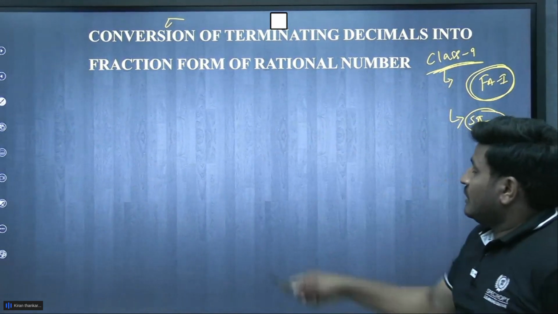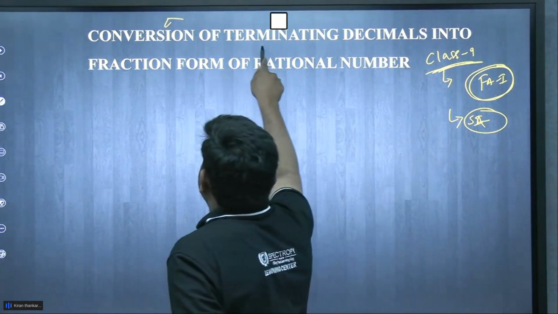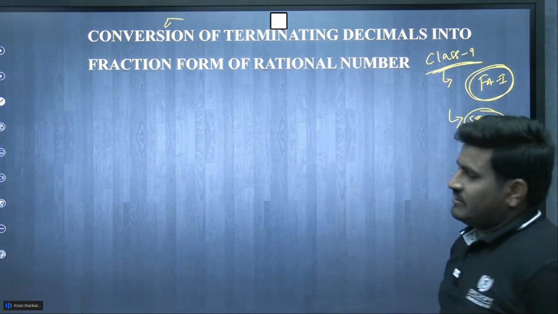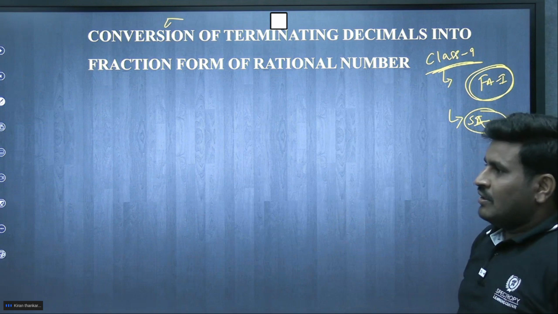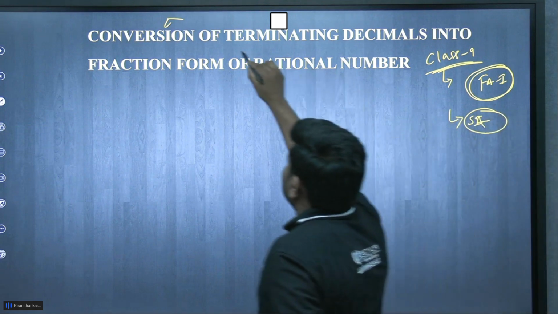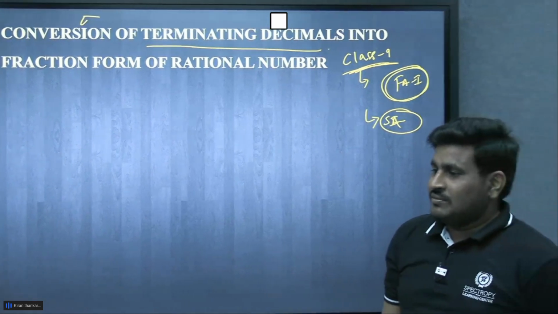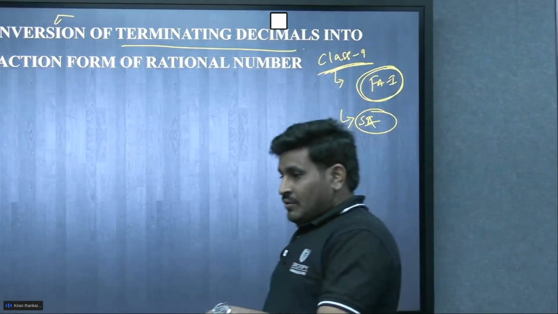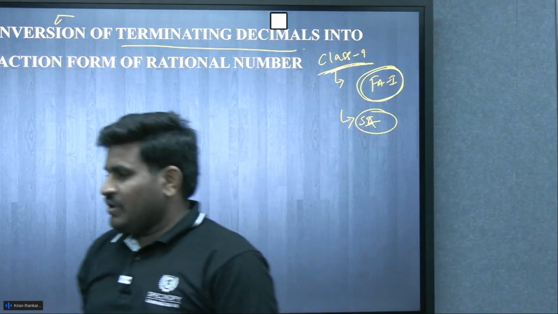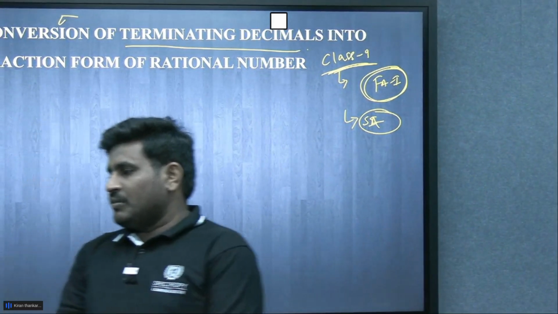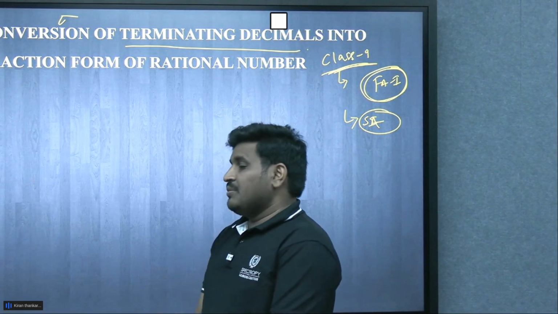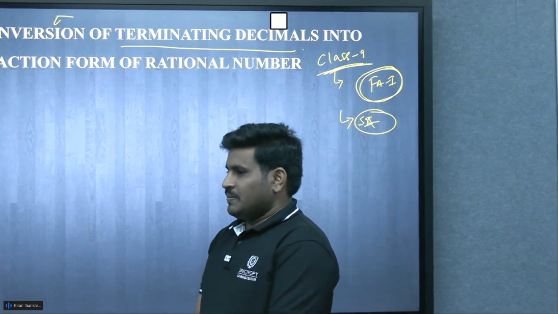So here, the conversion of the terminating decimals. What are terminating decimals? After the point, how many numbers will be there? If infinite, it is a non-terminating decimal.